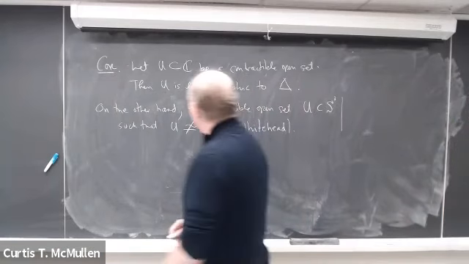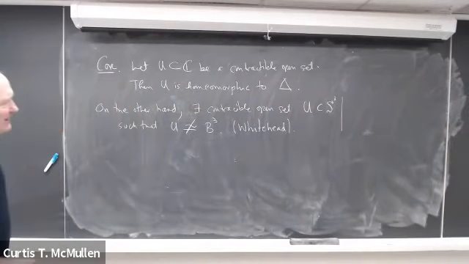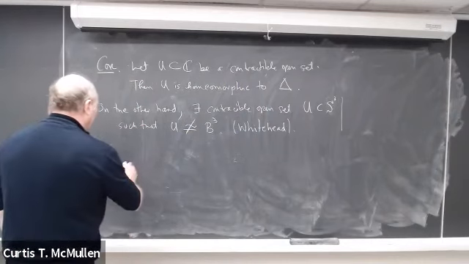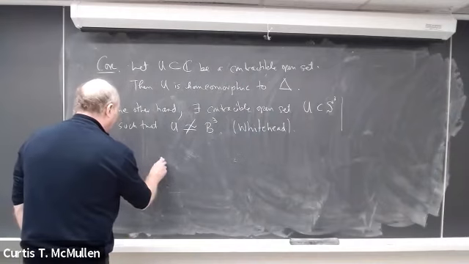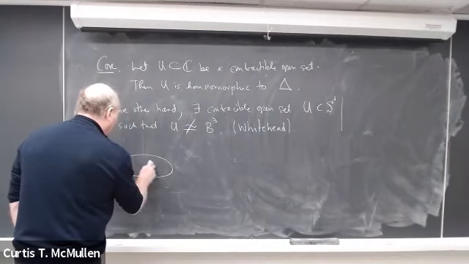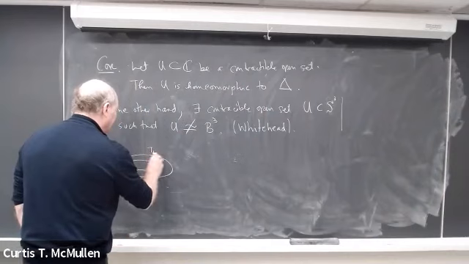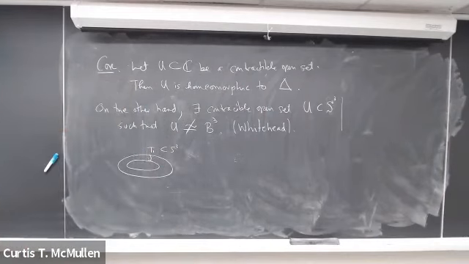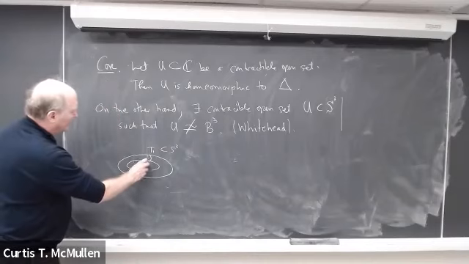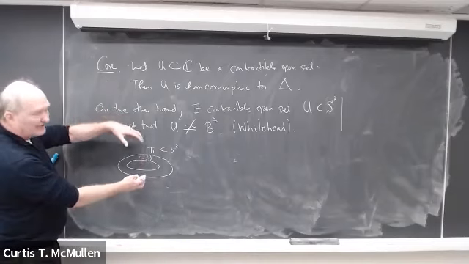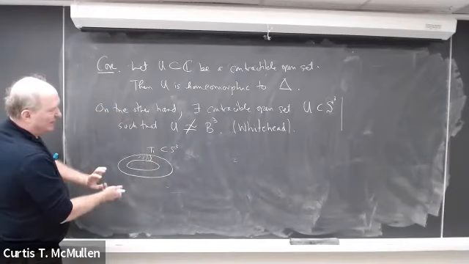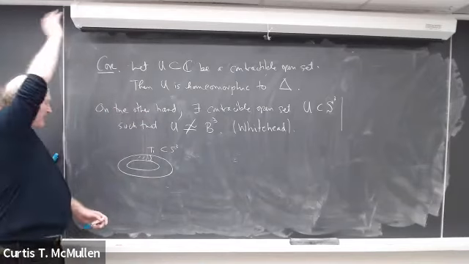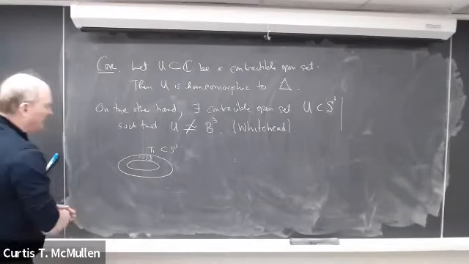So let me just, as a sort of cultural aside, give you a glimpse of what this counterexample is that Whitehead presented. It's a little bit simpler to put it in the 3-dimensional sphere rather than the 3-dimensional ball. Not too bad. So let me say how U is constructed. The first thing is to think about a solid torus, T1, contained in the 3-sphere. Now, it's a beautiful fact that if you take a solid torus out of the 3-dimensional sphere, what's left over is also a solid torus. It's a solid torus that goes up through this hole, goes past infinity, and comes back on the other side.